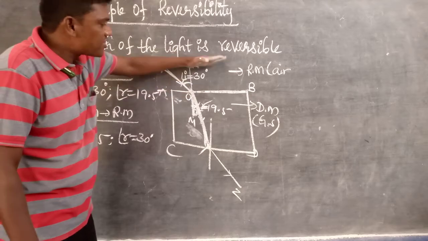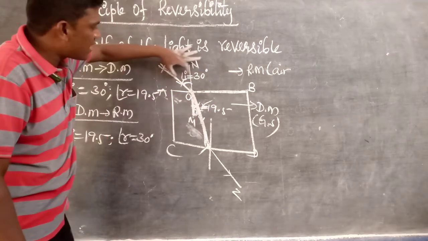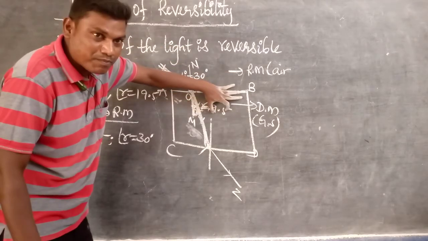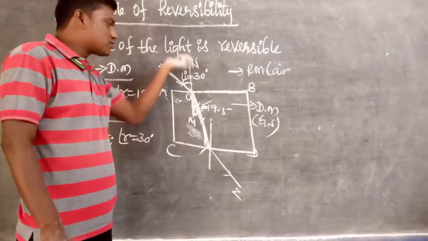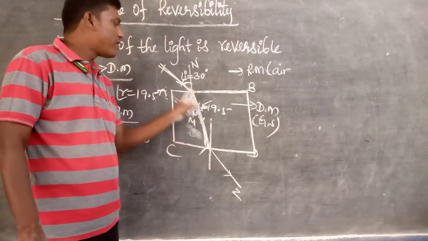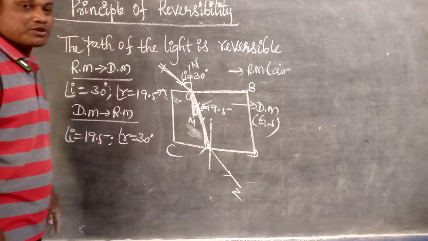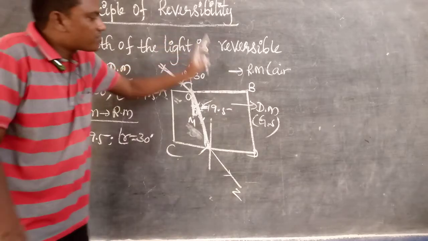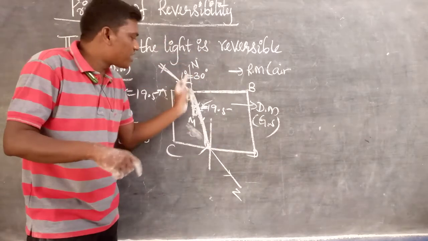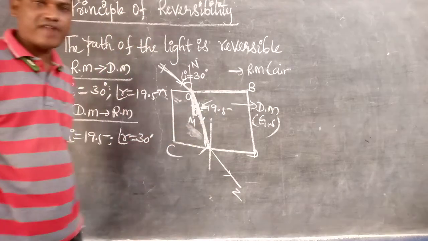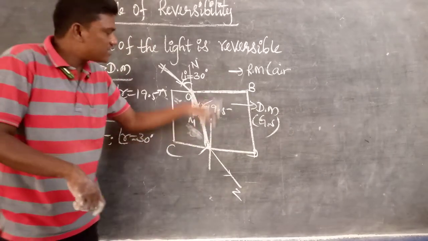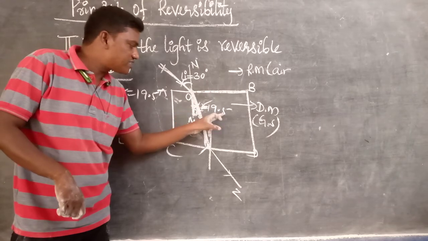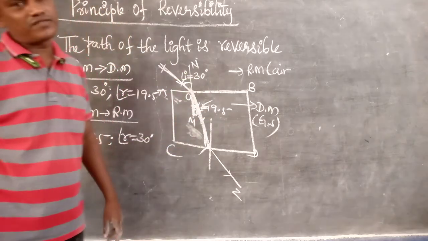Here, initially light travels from rarer to denser, angle I is 30 and angle R is 19.5. But next, in the reverse path, angle I is 19.5 and angle R is 30. Already you know that when light travels from rarer to denser, the angle of incidence is always greater than the angle of refraction. If light travels from denser to rarer, the angle of incidence is lesser than the angle of refraction.